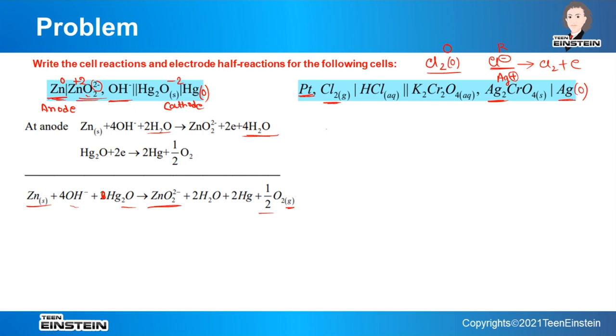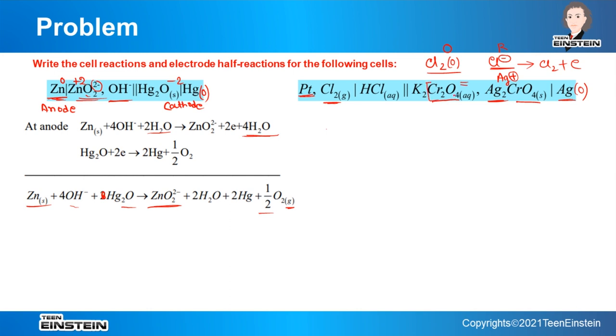So here the main species which is involved in the reduction reaction, because it is the cathode, is Ag plus, accepting electrons and being converted to Ag, that is, reduced to Ag. So here we are not concerned about the anion, because in both cases you will see chromium's oxidation state is the same. Okay, CrO4 2 minus, and it is 2K plus.